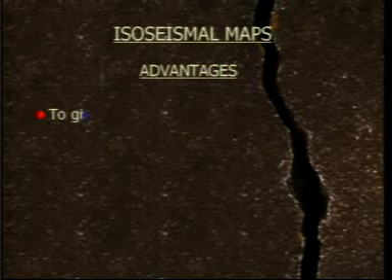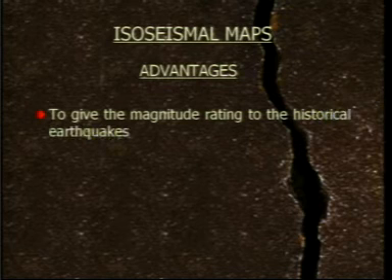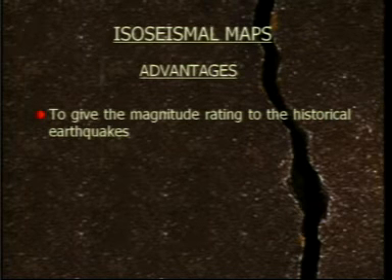The next is to give a magnitude rating to historical earthquakes. We know that in earlier days no instrumentation was there, but based on interviews of human beings and the permanent secondary effects on nature, we assign the intensities, make isoseismal maps and then estimate the magnitudes for those historical earthquakes.